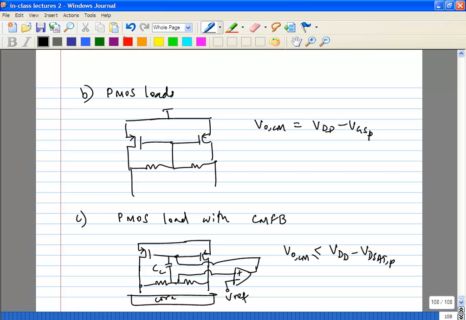So in these two cases, what do you have? You definitely have thermal noise of the PMOSes adding in, that's for sure, and you have flicker noise. Thermal noise is definitely going to be important.